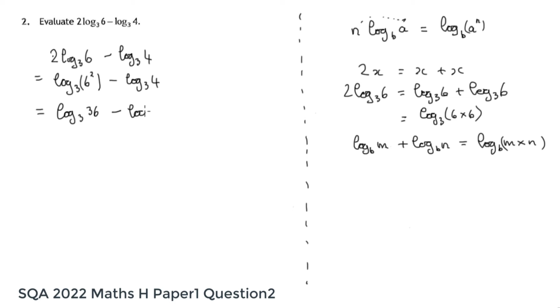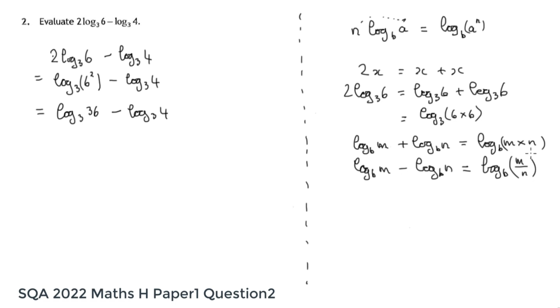And we're subtracting log to the base 3 of 4. Another law of logs that's very similar to this one here. If you're subtracting 2 logs with the same base, remember it's always to be the same base or these laws wouldn't work, then you're dividing the 2 numbers.